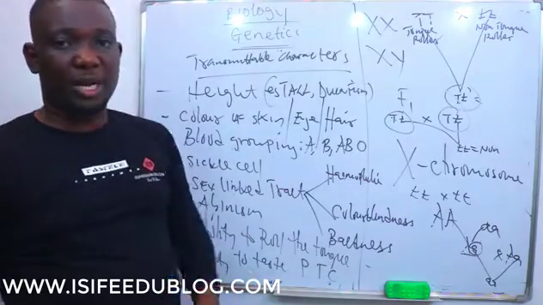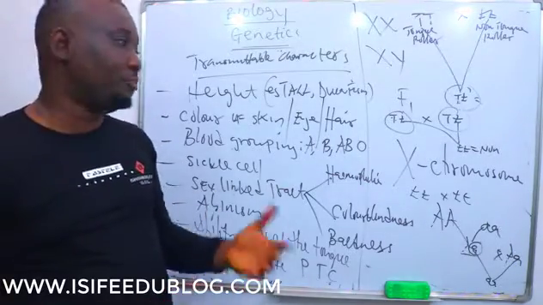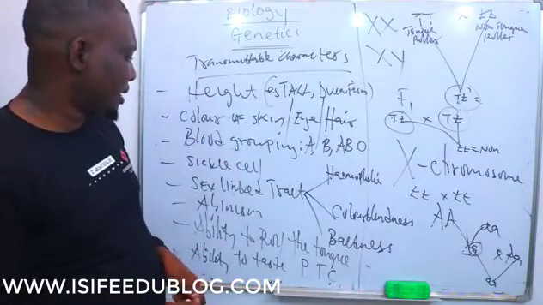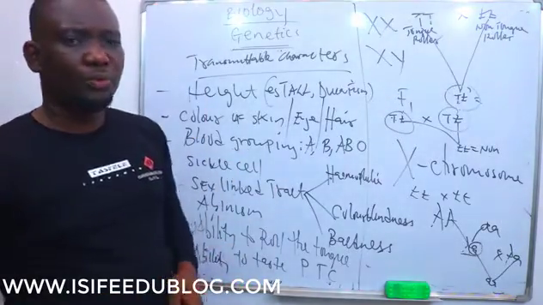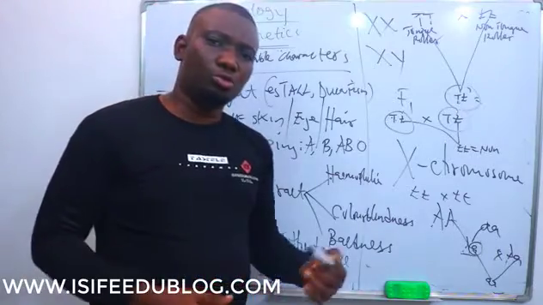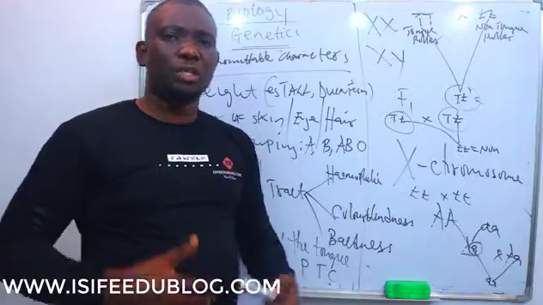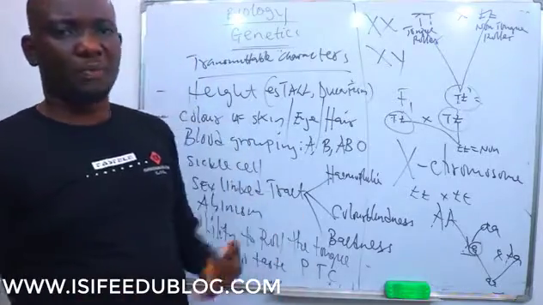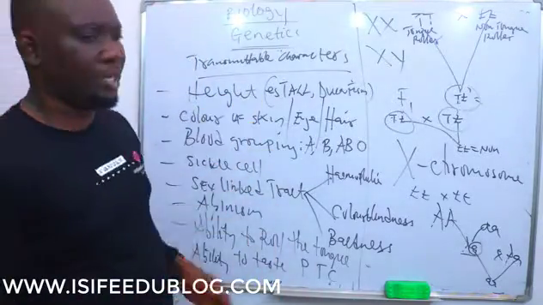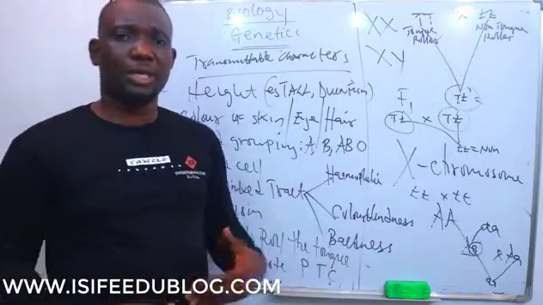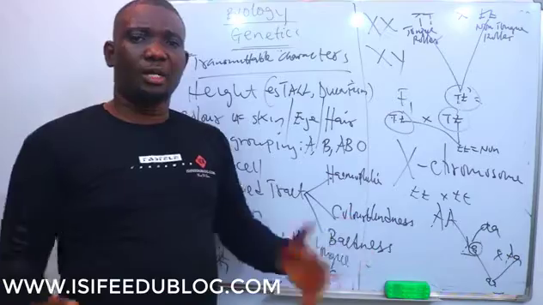Intelligence is also part of the characters that can be transmitted from parents to offspring. These are characters passed on from parents to offspring, and from generation to generation. Some of them, when we talk about variation, we look at these examples to see which ones are continuous and which are discontinuous variations, with examples.